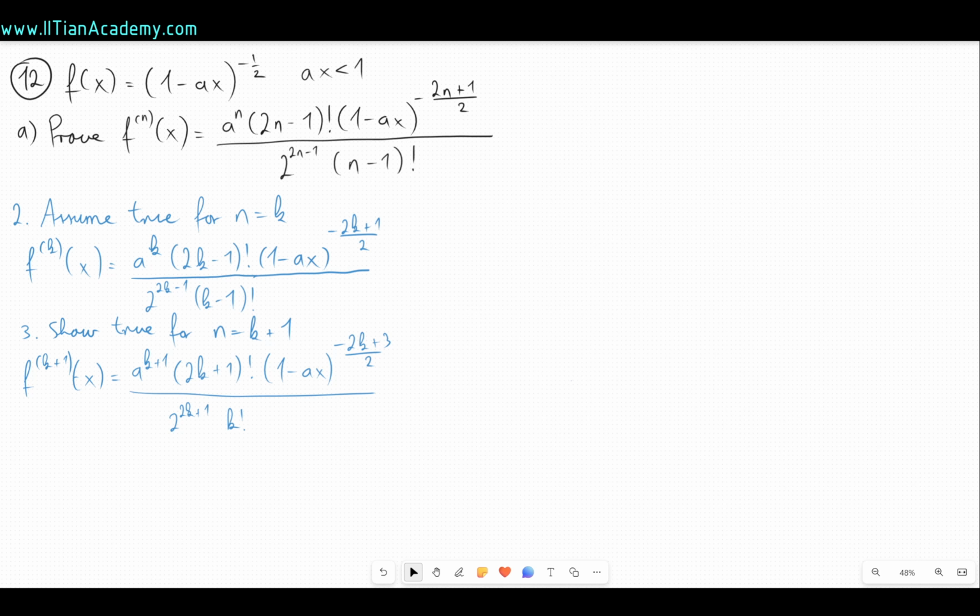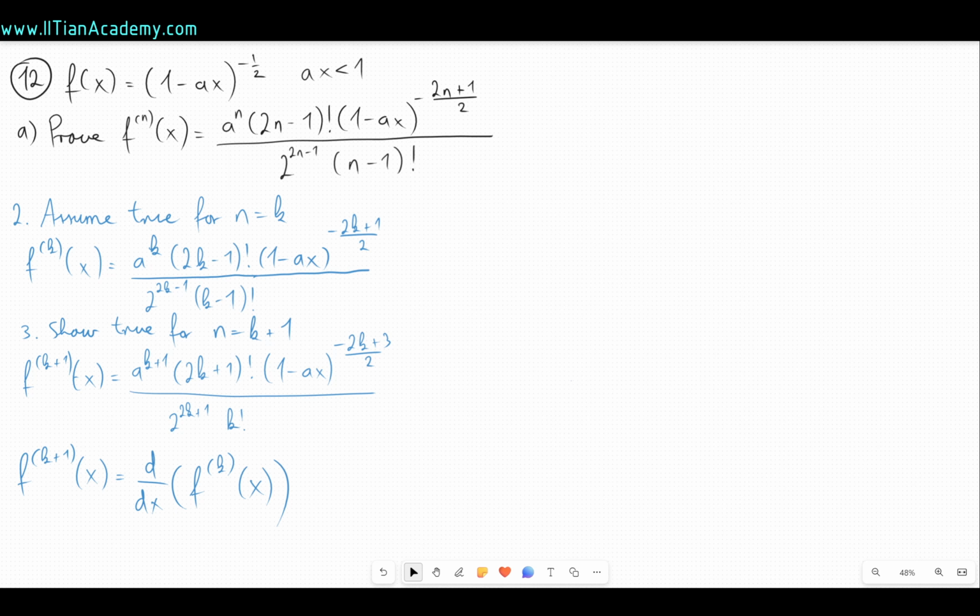So we need to find the derivative. So the k plus 1th derivative at x is equal to the derivative of the kth derivative. So we have to just take the derivative of this. All right, so let's do that.